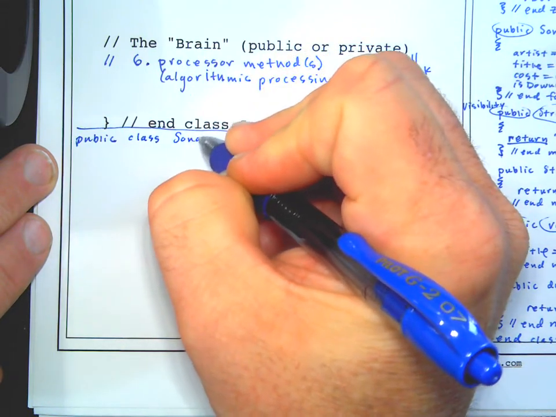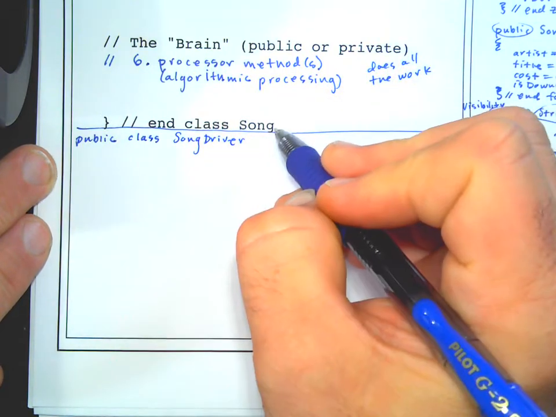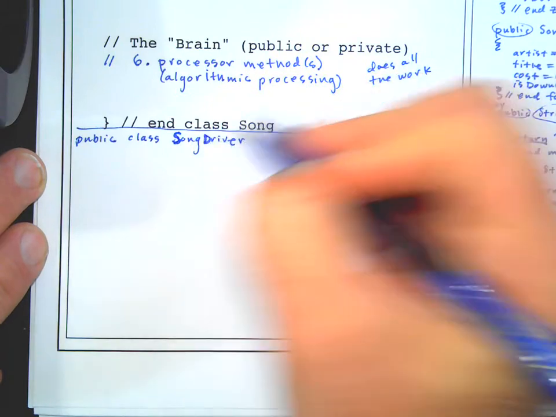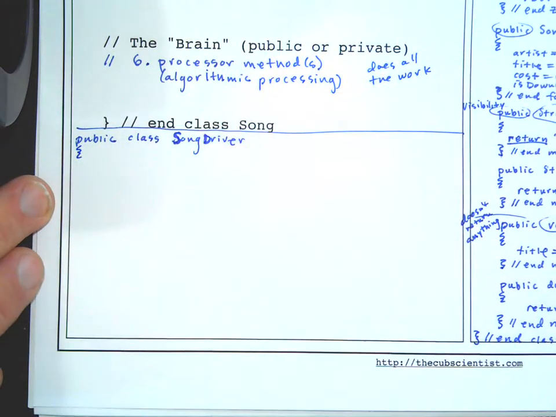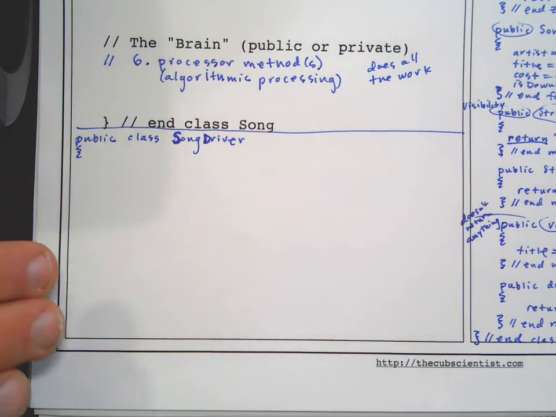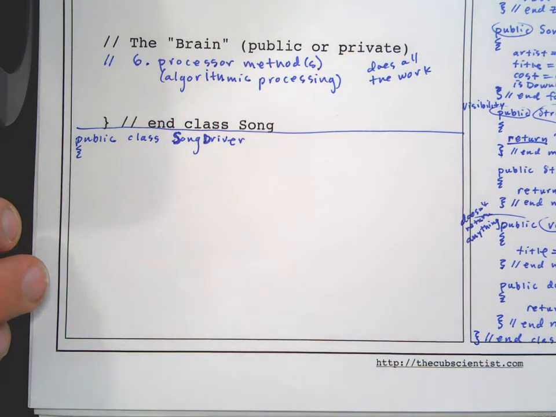Usually what I name the driver class is whatever the class name is with driver. Now we start with a capital letter, use camel notation. Okay, now what we want to try in here is to create some songs, try the 0-arg constructor out, try the multi-arg, try them both out. Try the getters, try the setters, try the toString, try the processing.